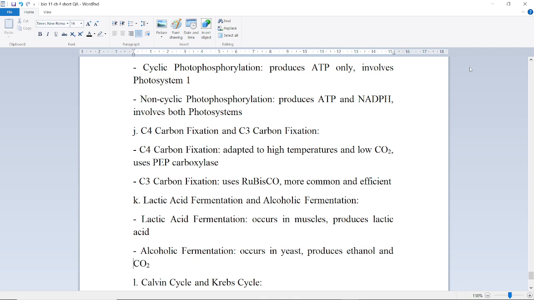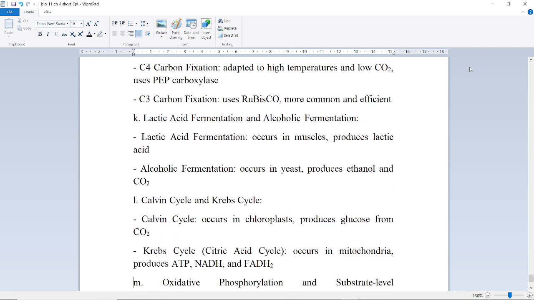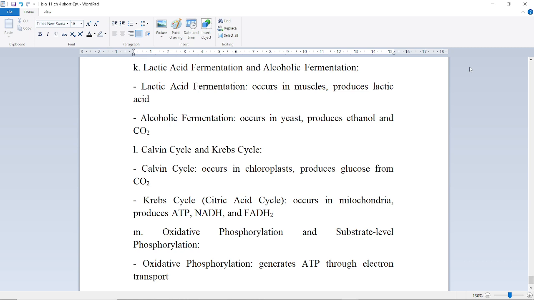Lactic acid fermentation and alcoholic fermentation. Lactic acid fermentation occurs in muscles, produces lactic acid. Alcoholic fermentation occurs in yeast, produces ethanol and carbon dioxide. Calvin cycle and Krebs cycle. Calvin cycle occurs in chloroplast, produces glucose from carbon dioxide.